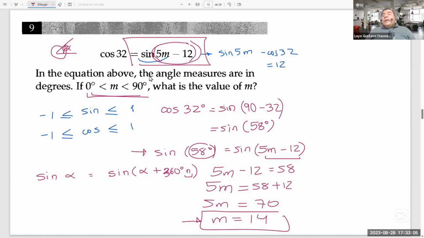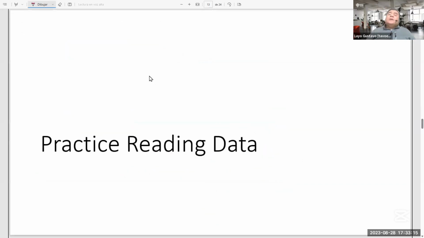Okay? Well, these are the kind and level of questions that you can expect in the SAT about trigonometry, so no problem, right? Let's now talk about another type of questions that is called reading data questions. These questions are focused on interpreting correctly some charts or diagrams that contain numbers or figures or values or data in general.